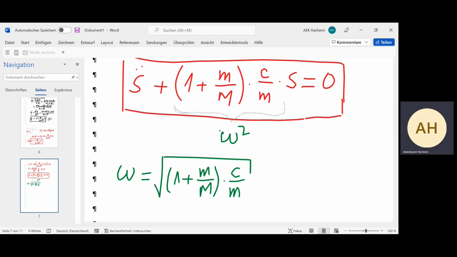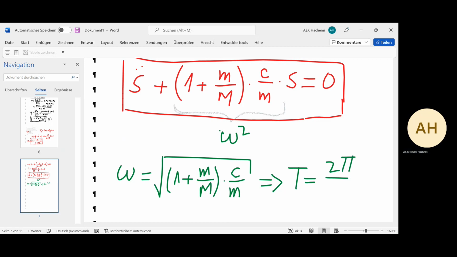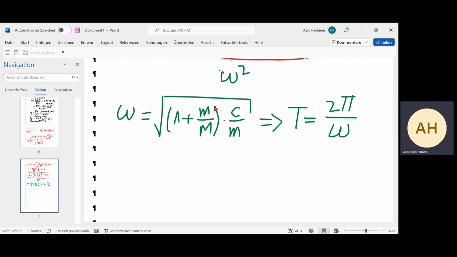This is omega. That means here we have T, which is the oscillation period, 2 pi divided by omega.